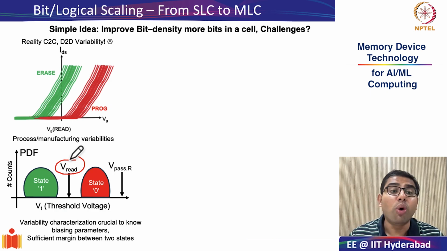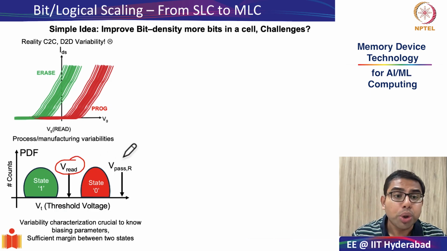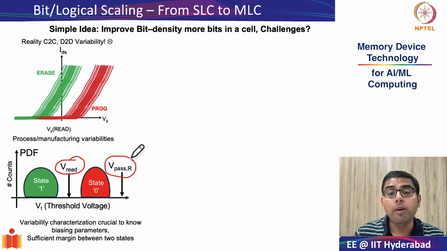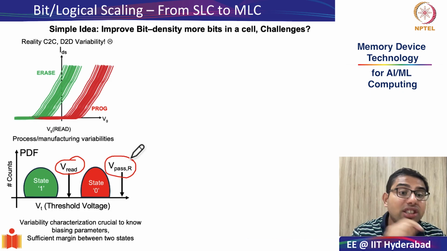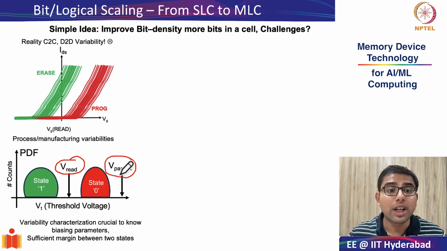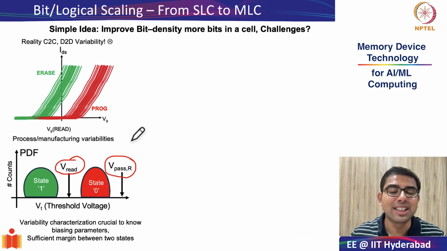Not just the read voltage. Remember, in the last class, I asked you what should be the appropriate pass voltage at read condition that we apply to other word lines other than the page that we are reading. The consideration for pass voltage was that irrespective of the state of the cell, it should allow current to flow through.